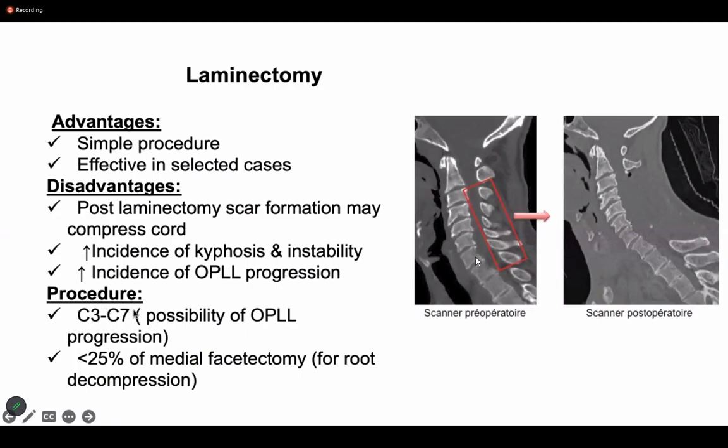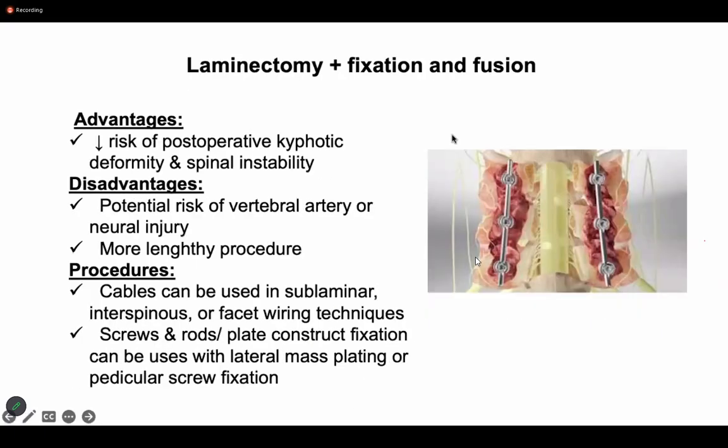For the laminectomy we open from C3 to C7, and sometimes we do facetectomy around 25% for root decompression. Laminectomy and fusion have the advantage of reducing the risk of postoperative kyphotic deformity and spine instability.